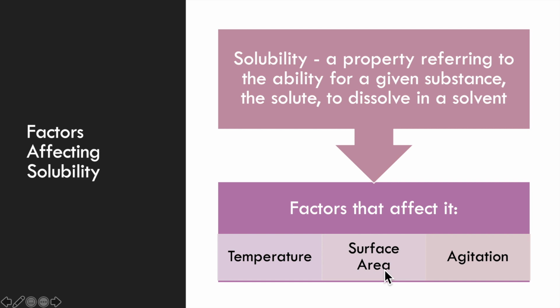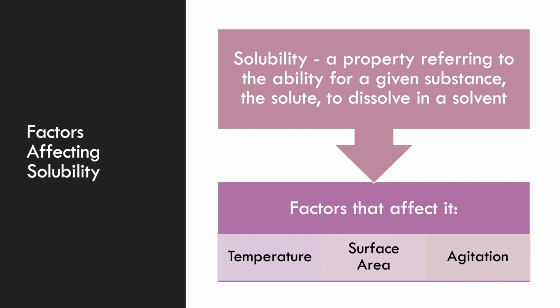Okay, another factor that affects it is surface area. So sticking with sugar, if I put a sugar cube or just a few little grains of sugar into tea, which will dissolve first? That cube or those few little grains? Okay, so if it has a smaller surface area, it will dissolve quicker. Agitation.